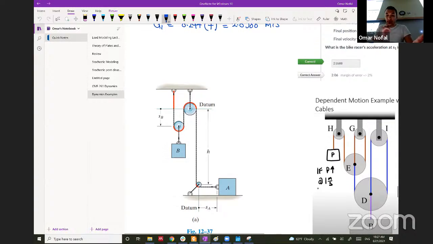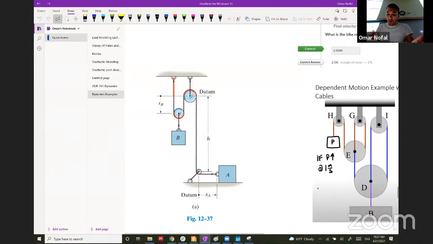For this example, let's get this copied.